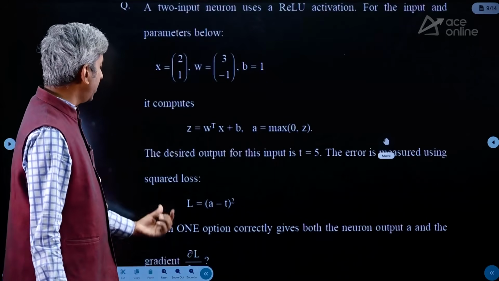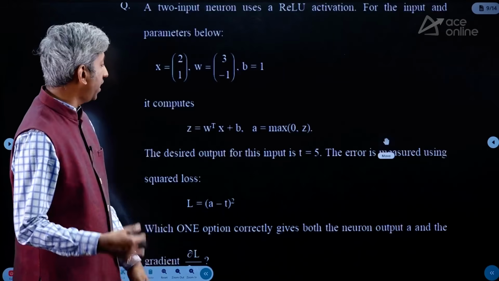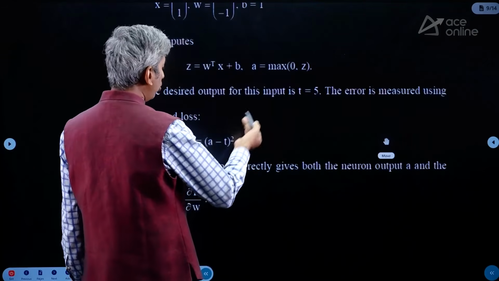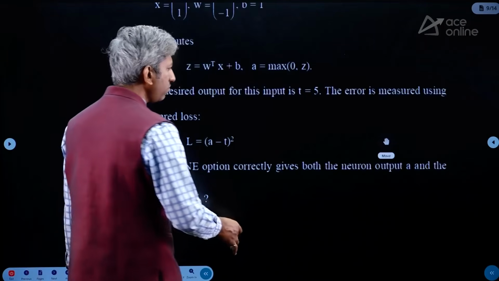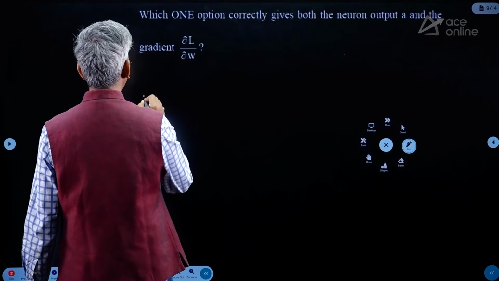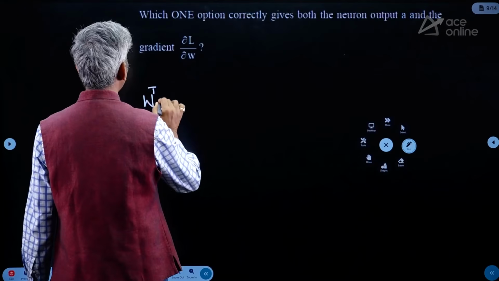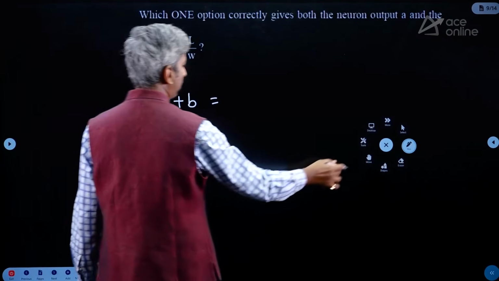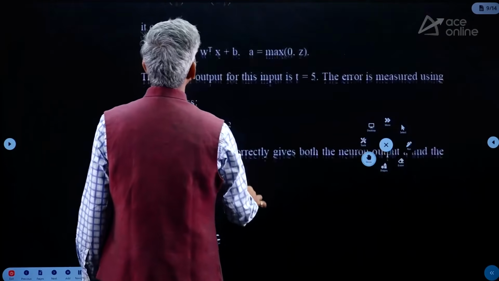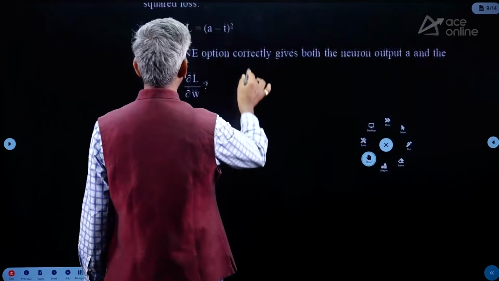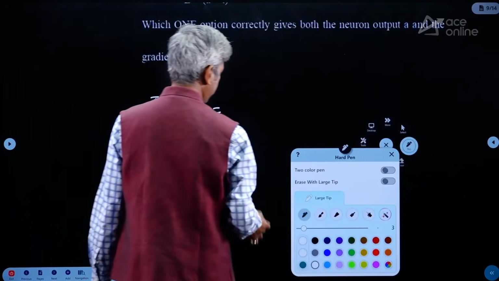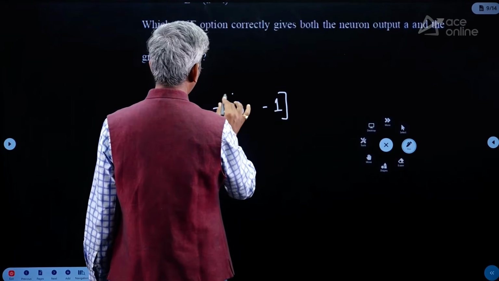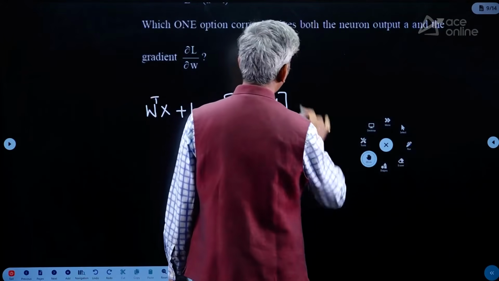We need to get dou L by dou A value, and we need to get dou L by dou W value. Here, first of all, we need to calculate W transpose X plus B value. W is 3, minus 1 in its transposed form.